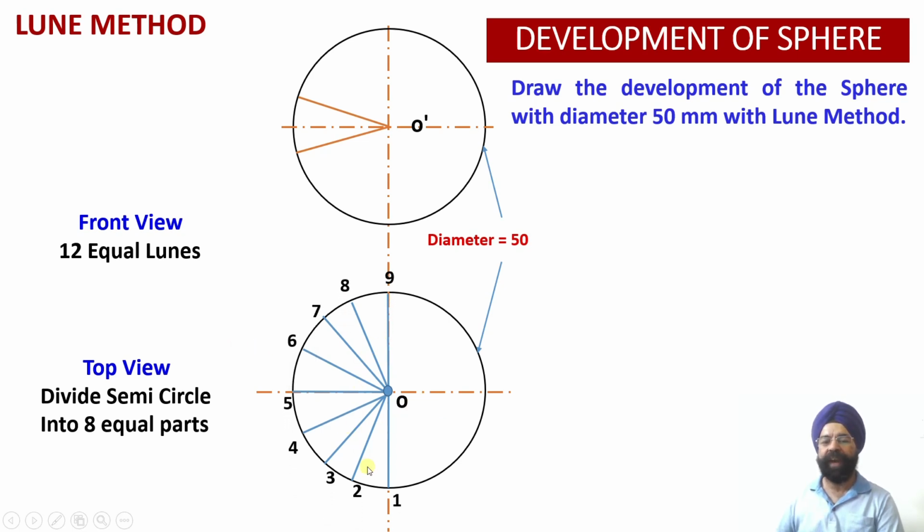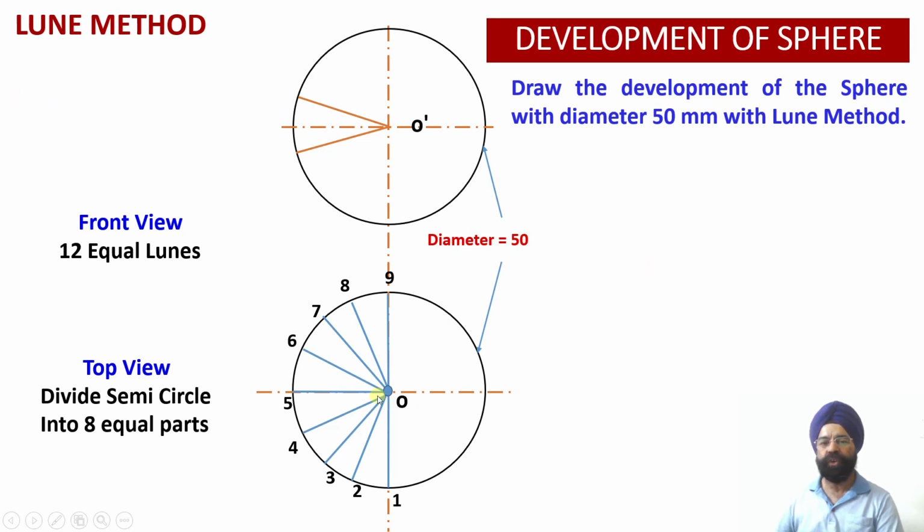Having divided this top view of the circle or the sphere into 16 parts, you see 8 sectors have been created. Now let me name all those parts over here: 1, 2, 3, 4, 5, 6, 7, 8 and 9. Right? So 8 sectors or 8 segments we have created, so that we should get many points onto this lune. And as many points as we obtain over here, those points can be transferred while I make the development for this particular lune.